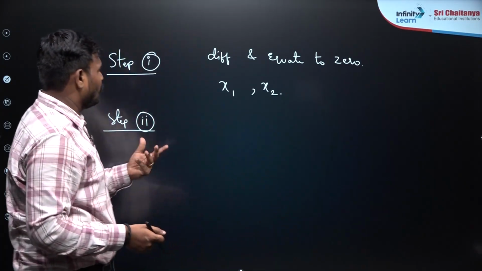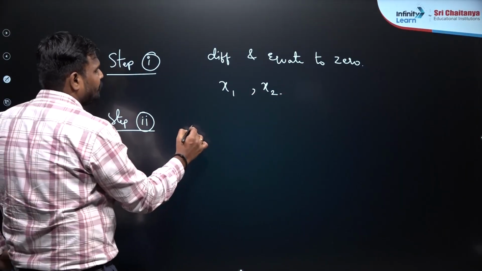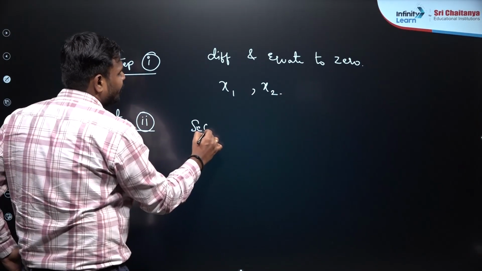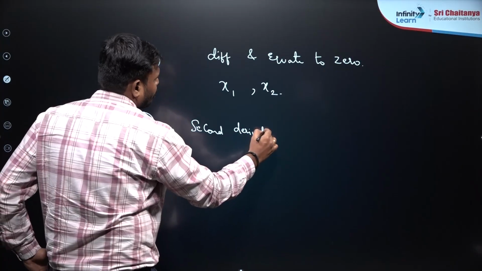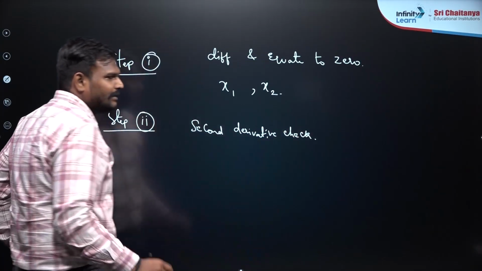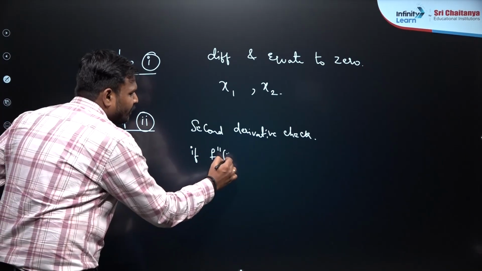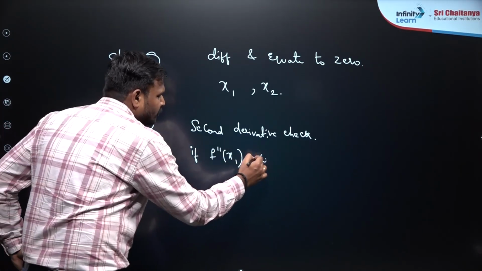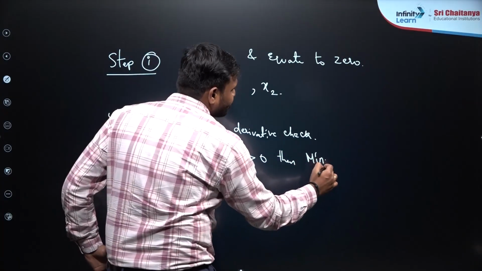So to know which is maxima, which is minima, we will perform second derivative check. We will perform what, sir? Second derivative check. If second derivative is greater than 0, then minima point.